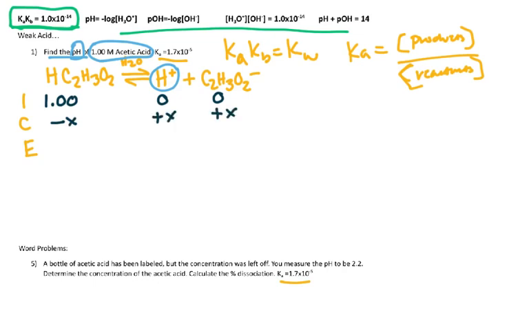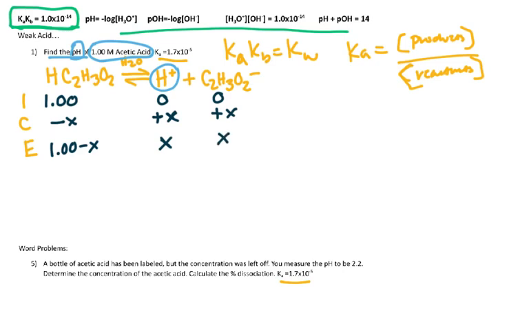If I dissociate part of my acetic acid, that acetic acid part becomes the ions. So I'm just going to label those all X. So what does that make my equilibrium? Well, that makes the equilibrium for my acetic acid 1 minus X. That makes my hydronium ion X, and it makes my acetate ion X.